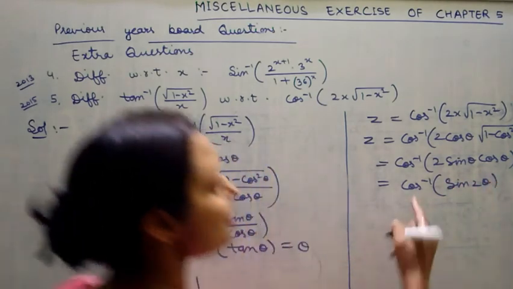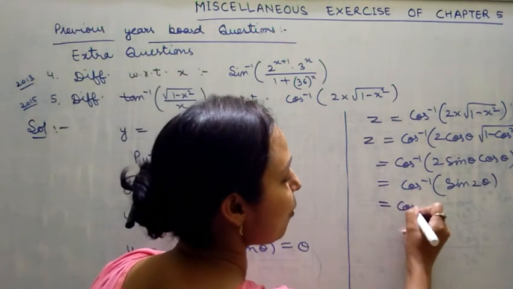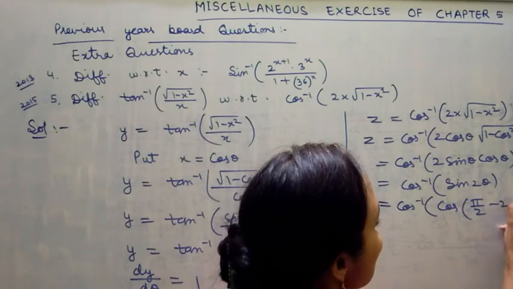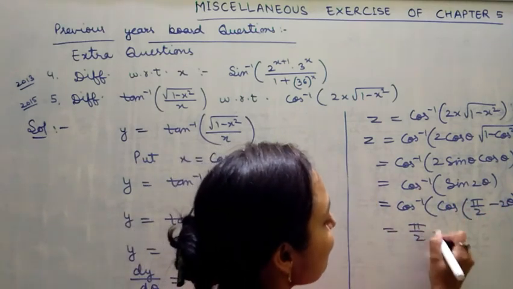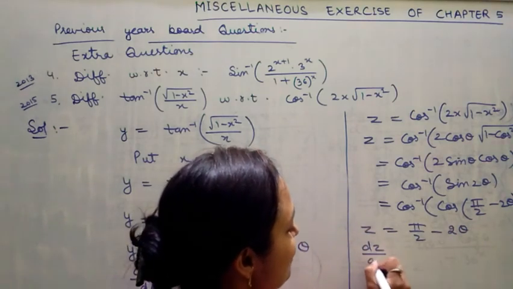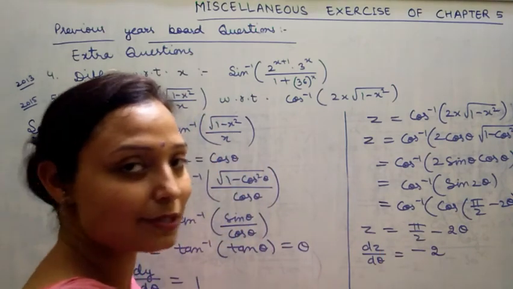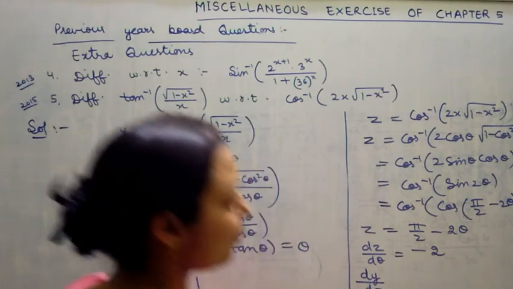I want to change sin to cos to cancel this cos inverse. Cos inverse cos of (pi by 2 minus 2 theta), right? This cos inverse and cos will cancel, pi by 2 minus 2 theta. When you take the derivative with respect to theta, it will equal minus 2, because the derivative of pi by 2 is 0. Now the question demands to find dy upon dz.